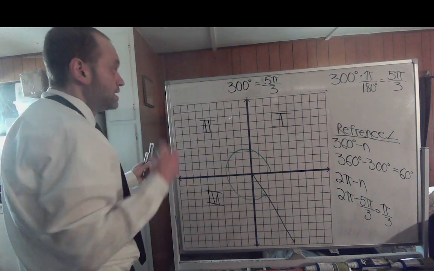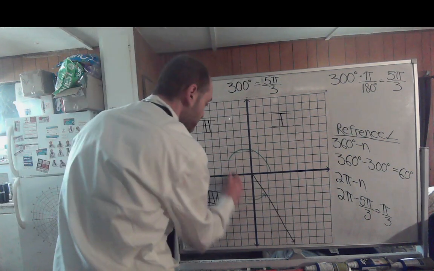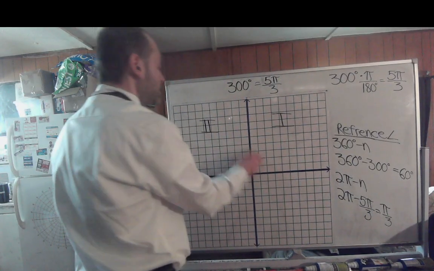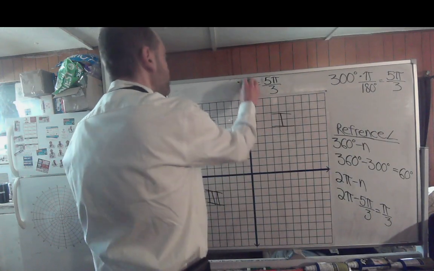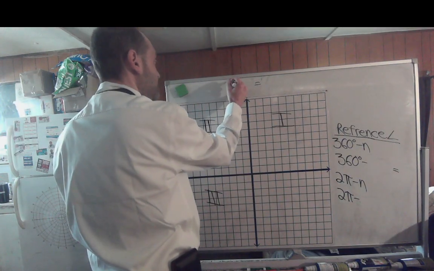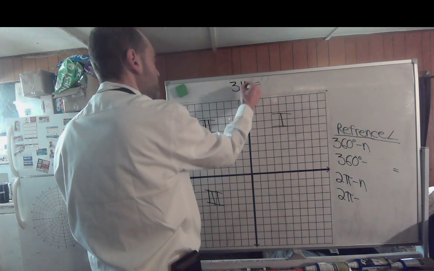All right, let's do a 315 degree angle. Let's convert that to radians first.